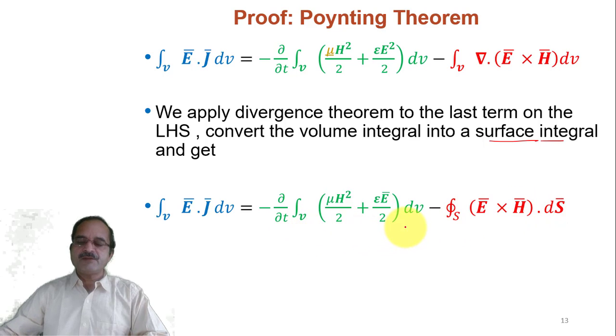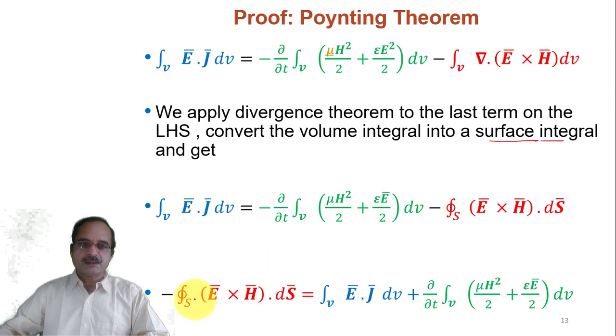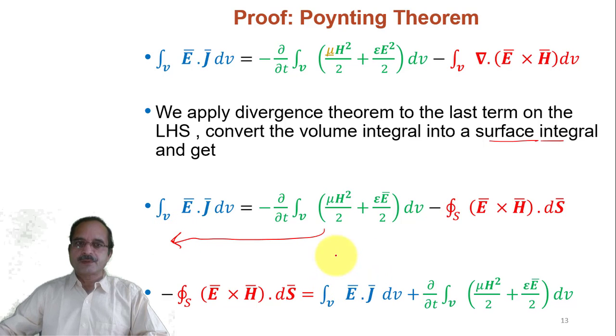Now rearranging this equation, shifting this last term on the left hand side and all other terms on the right hand side. This gives us minus surface integral E cross H dot ds. This we shift on the left hand side, so the negative sign becomes positive here. So this is minus surface integral E cross H dot ds equals volume integral E dot J dv plus d dt volume integral of mu H square by 2 plus epsilon E square by 2.